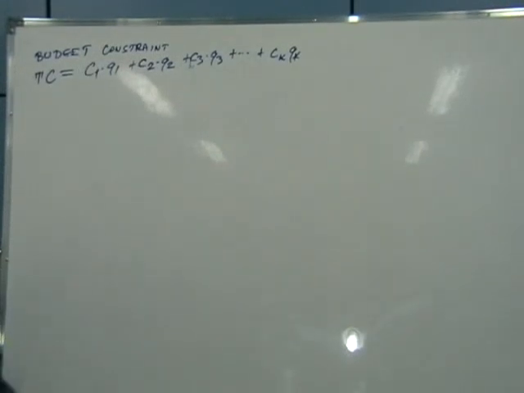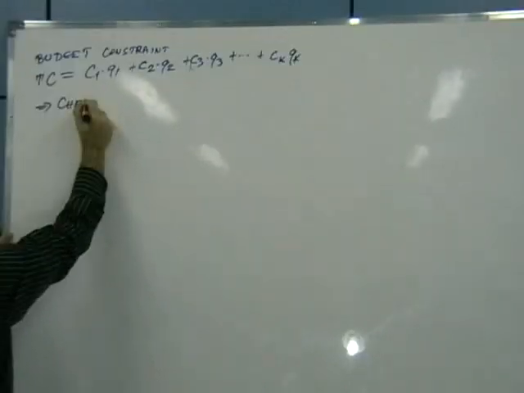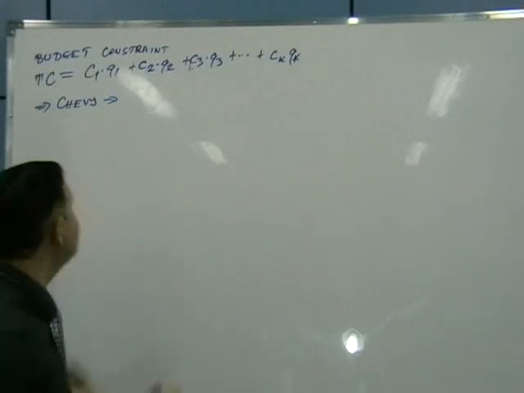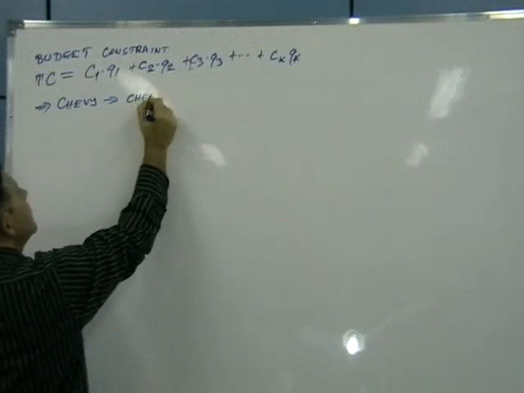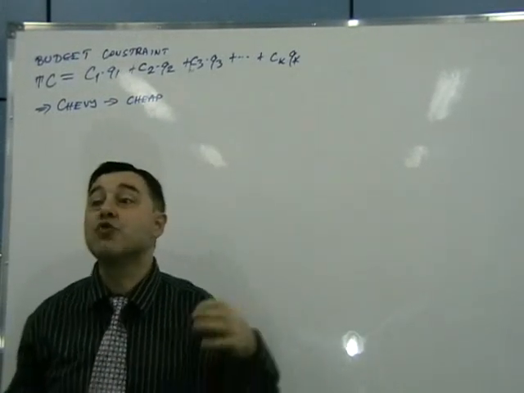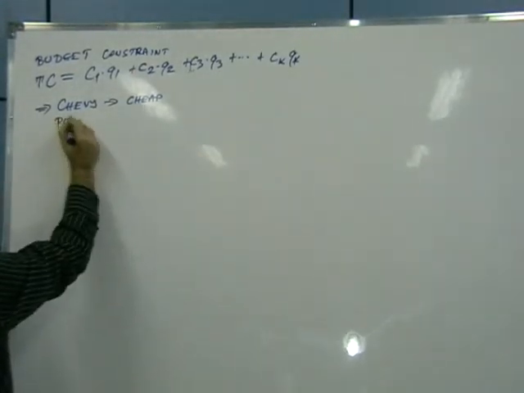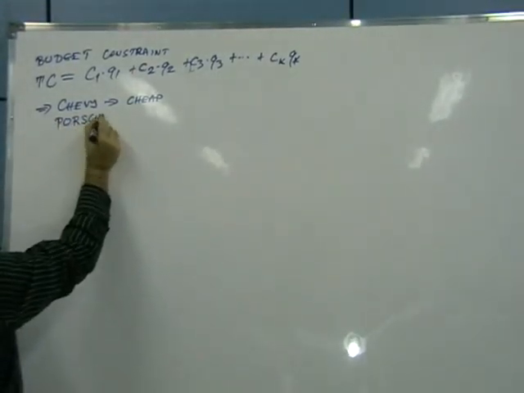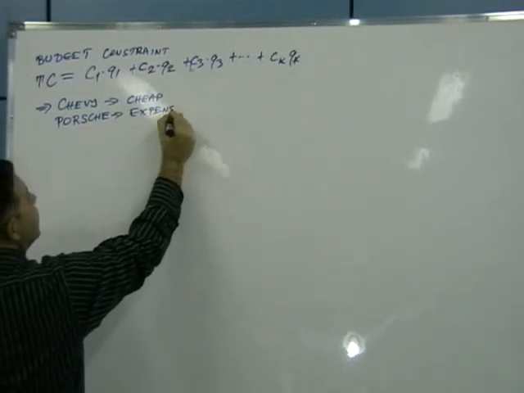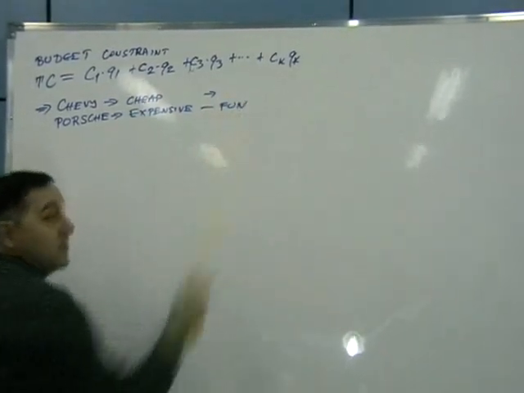Alright. So, first of all, is the general concept that a Chevy, for example, is cheap, but brings relatively little value, and that a Porsche is expensive but is also fun, right?